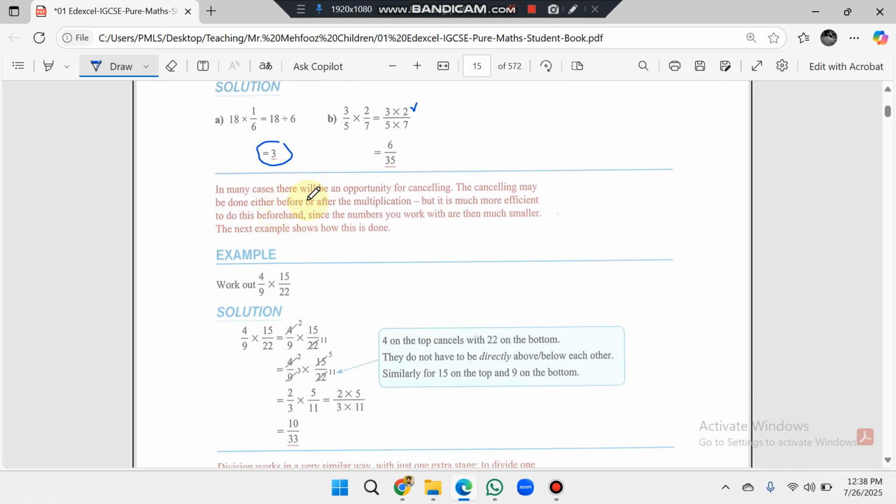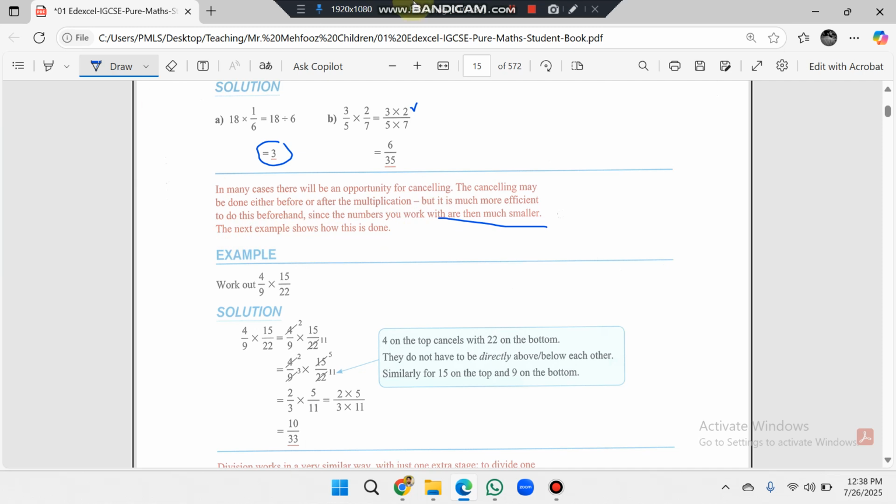In many cases, there will be an opportunity for cancelling. The cancelling may be done either before or after the multiplication, but it is much more efficient to do this beforehand, since the numbers you work with are then much smaller. The next example shows how this is done.